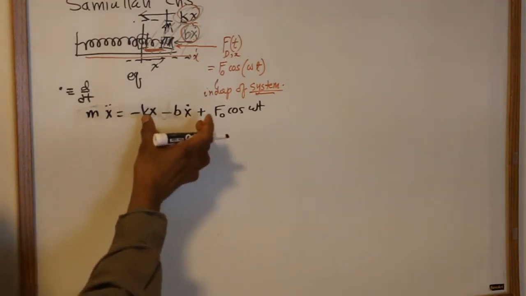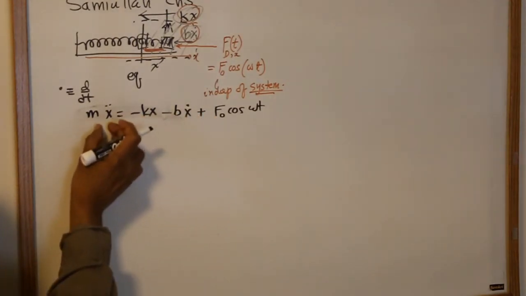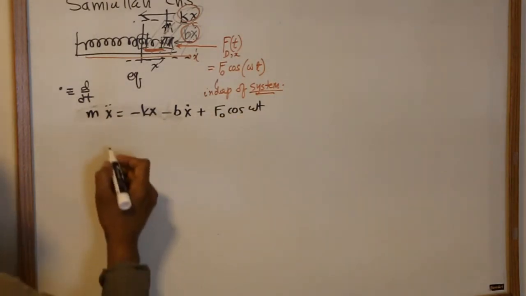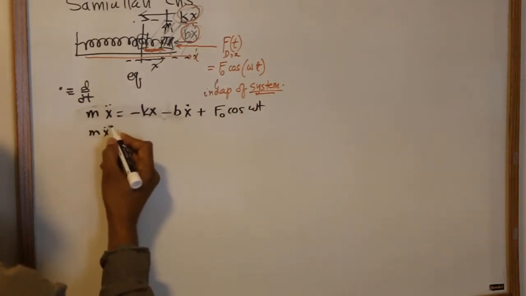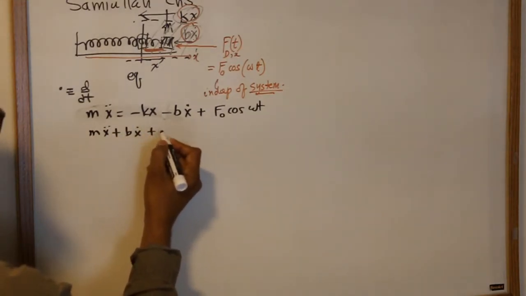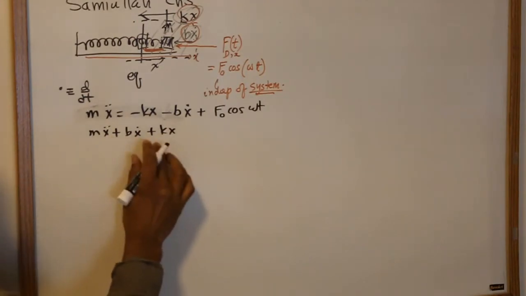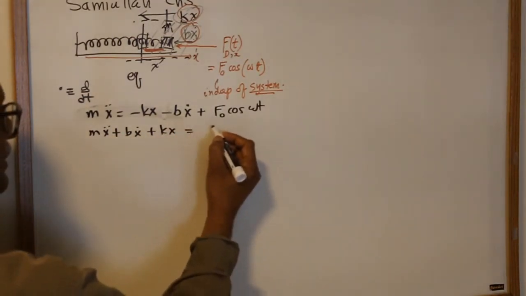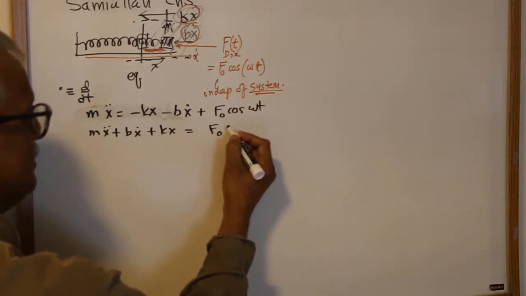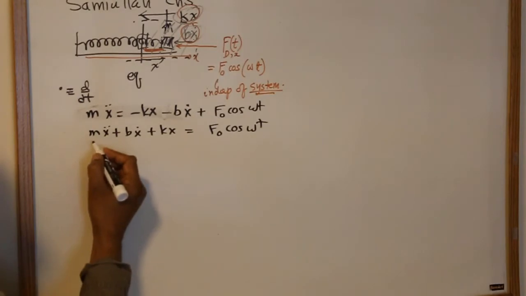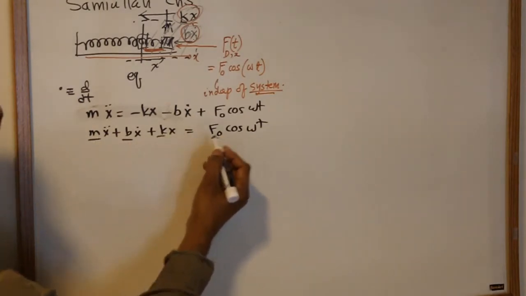Or we can bring all the things that depend on the system to the left side, and just leave the driving part on the right side. So m x double dot plus b x dot plus kx. We write it like this because we want the dots to be sequential and nice to see. We can divide by m. Everybody divide by m.